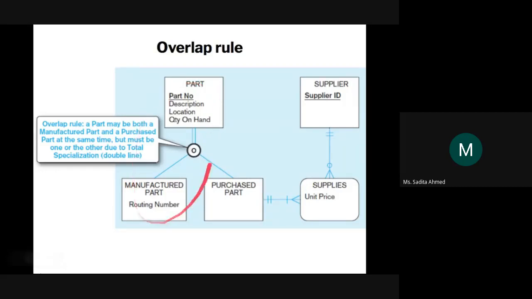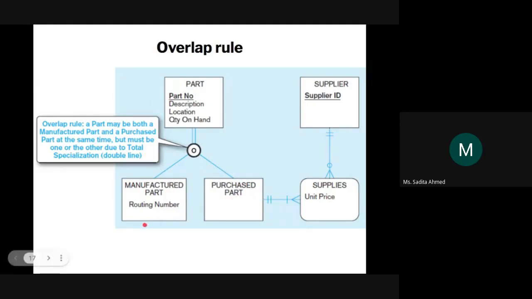Here, for example, definitely a part instance could exist which is only a manufactured part. A part instance also could exist which is only a purchased part. However, there could be such part instances as well which are both manufactured and purchased at the same time.